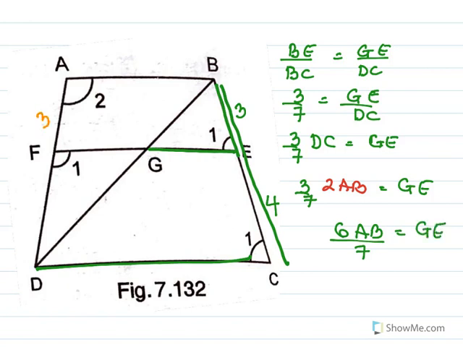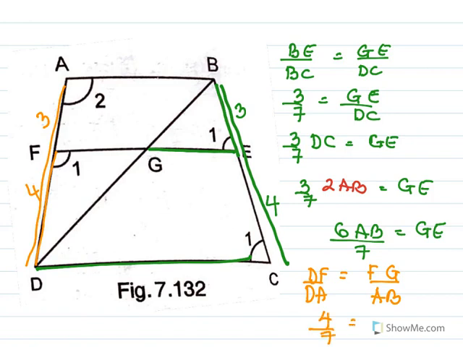On the other side, this also was 3 by 4. So here we did DF over DA equal to FG over AB.